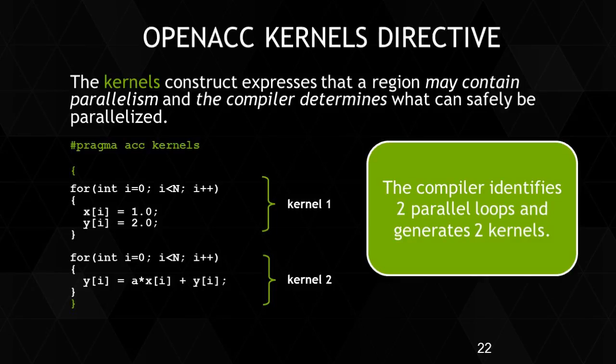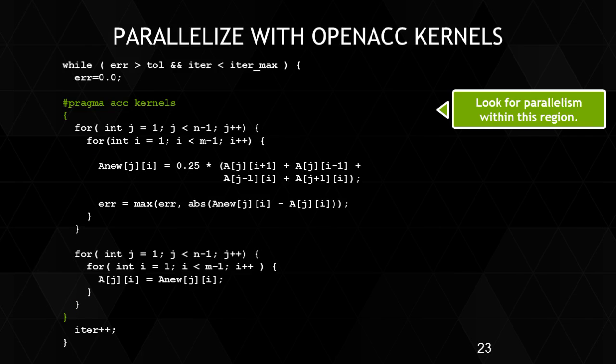So looking again at our Laplace code, you can see I could do the same thing by adding this ACC kernels within my iteration loop. And it's important to note, a lot of people, when they encounter this example in the wild, and we do have this example in some of our labs that we give at GTC, will try to put this ACC kernels around the while loop and say, this whole function I want you to try to find parallelism.